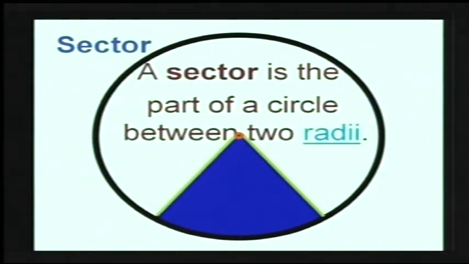Those two green lines are known as the radius, so we can call them the radii, two radii. A sector is part of a circle between two radii. The blue shaded part of the circle is known as the sector because it has been divided up with 2 radii.